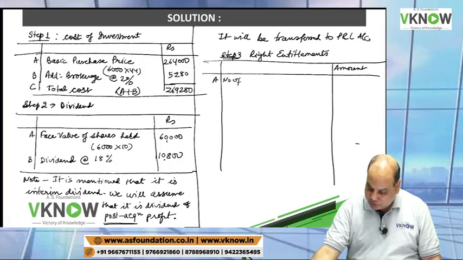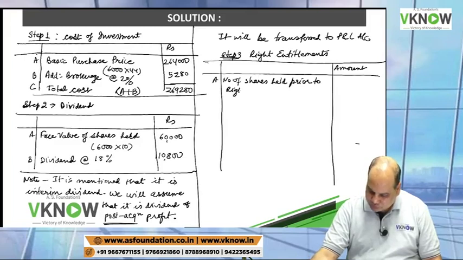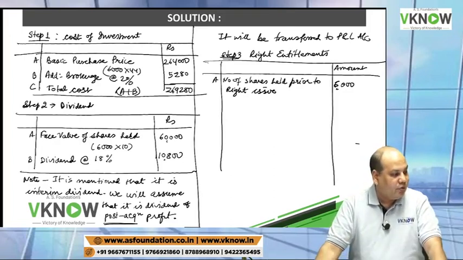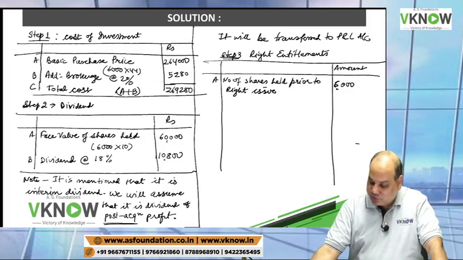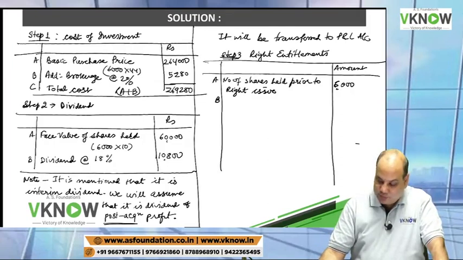Point A, number of shares held prior to right issue: 6,000. Write neatly. Your notebook is a sign of your personality. If you write neatly, people will ask for your notebook.